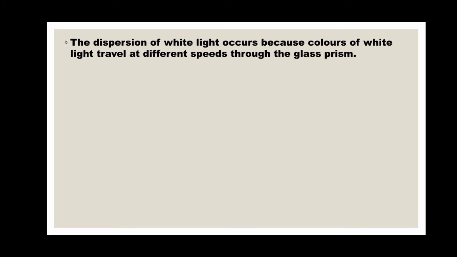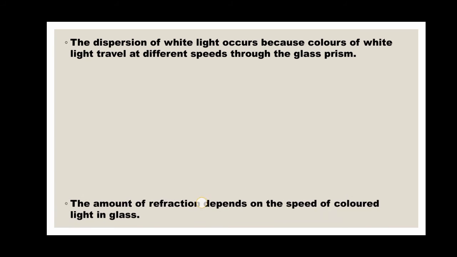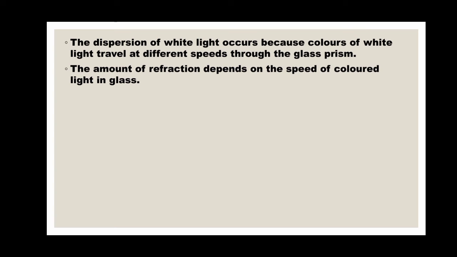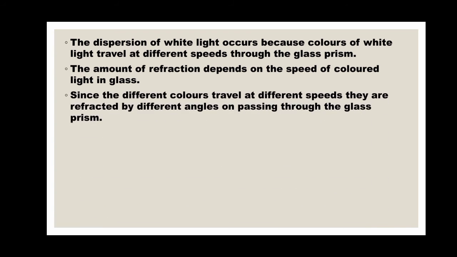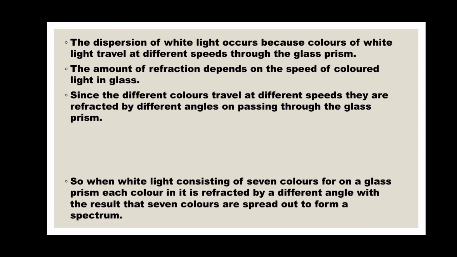The dispersion of white light occurs because colors of white light travel at different speeds through the glass prism. The amount of refraction depends on the speed of colored light in the glass. Since the different colors travel at different speeds, they are refracted by different angles on passing through the glass prism.